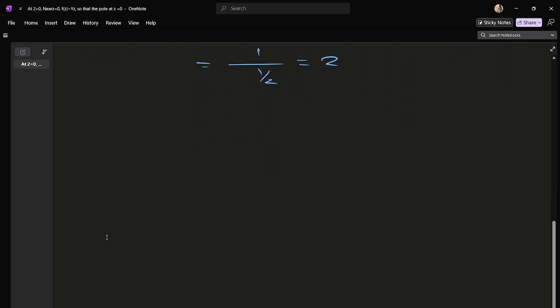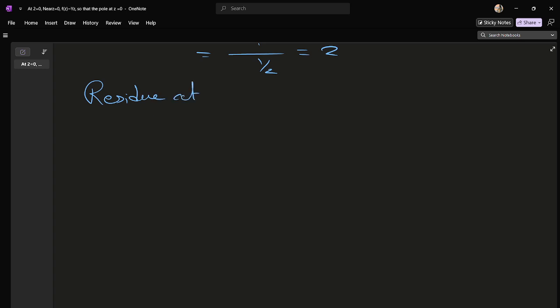Now we have to find the residue at z equals n, where n is not equal to 0 or minus half, and n belongs to the integers. For n belongs to the integers, the poles come from sin(πz) equals 0, so z is equal to n.